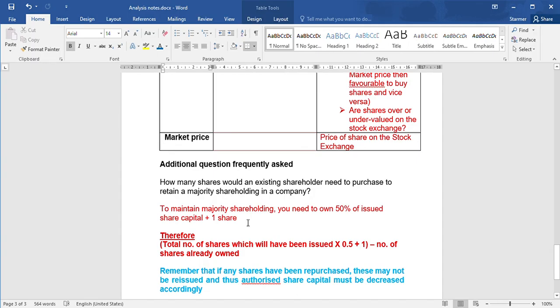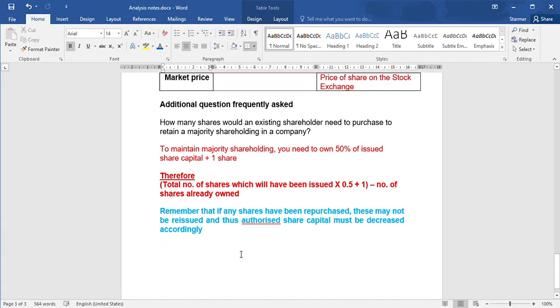So if you're asked to calculate this, you're going to take the total number of shares which would have been issued, multiply that by 50% and add 1, and from that you're going to subtract the number of shares that you already own. Every share has one vote at the AGM, so provided you own one more share than 50%, you will actually maintain control.